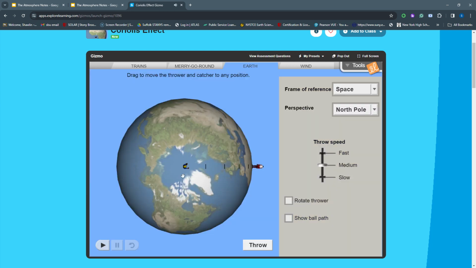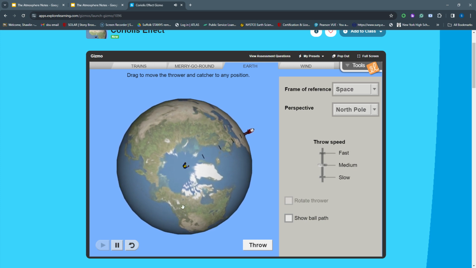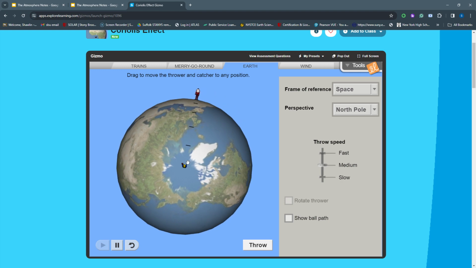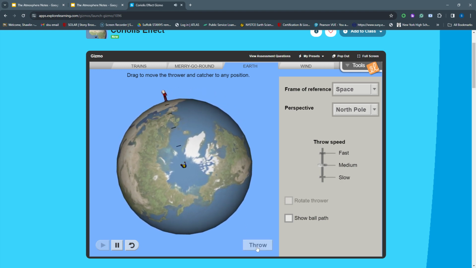So if you compare this to the Earth, say these two people were on the Earth, this person is on this side of the Earth and this person is on this side of the Earth, and this person is trying to throw the ball to this person. What do you think will happen? Well, the Earth also spins counterclockwise, just like that merry-go-round we saw. So this person is going to try to throw the ball straight at this other person, and watch.